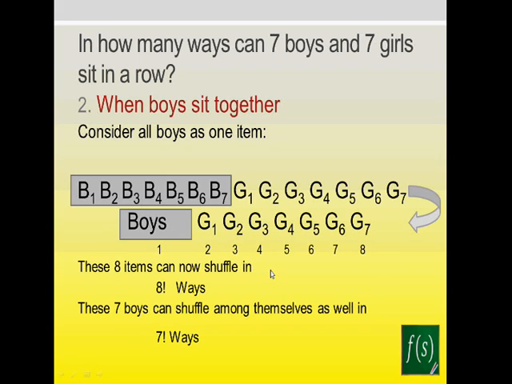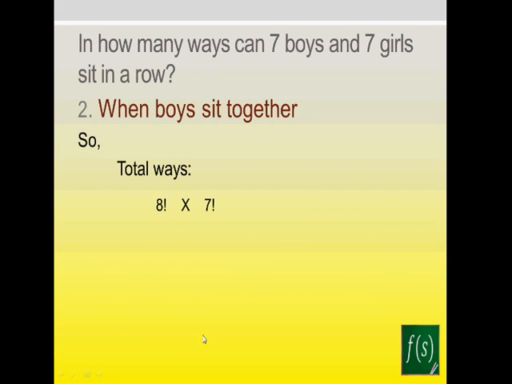In how many ways can these 8 entities shuffle? In 8 factorial ways. Now the boys, who will always be together, can switch their positions, but only among themselves. So these 7 can also shuffle in 7 factorial ways. This makes a total of 8 factorial cross 7 factorial ways when all the boys have to sit together.